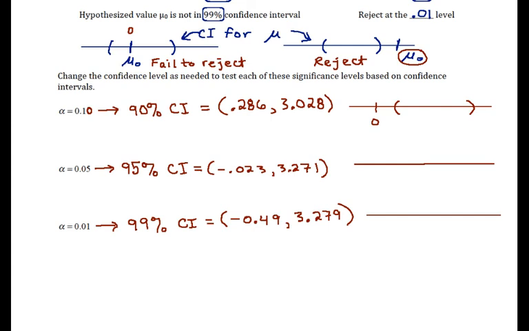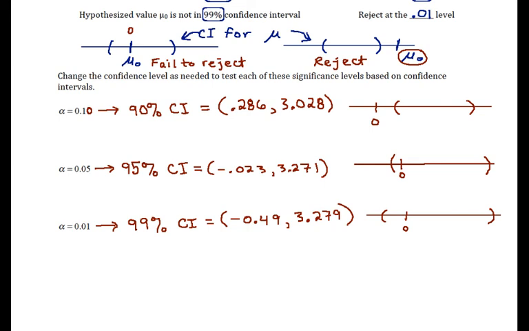In this second example, here's 0, and my confidence interval starts from a negative value and goes up to a positive value. 0 is barely in there, but it is in the interval. And this third example looks kind of like the second, except that 0 is a little bit more solidly in the interval. All we care about is whether or not that null value is in the interval.